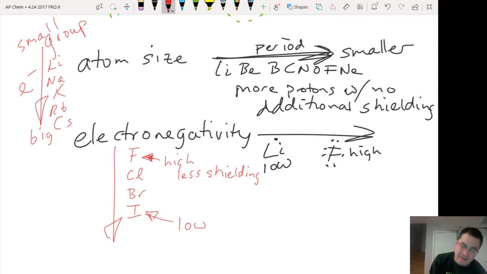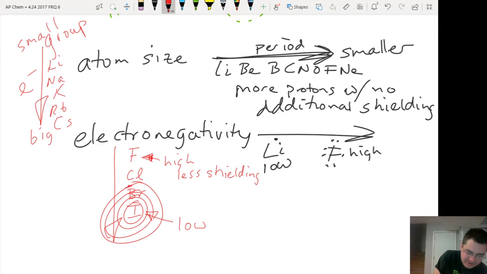But iodine is such a big element that its outer electrons are so loosely held, and the protons in the middle are so buried, that it can't attract the last electron as easily. It still wants one. It's still electronegative, but it's not as electronegative as fluorine. Okay, that makes sense. Yep.